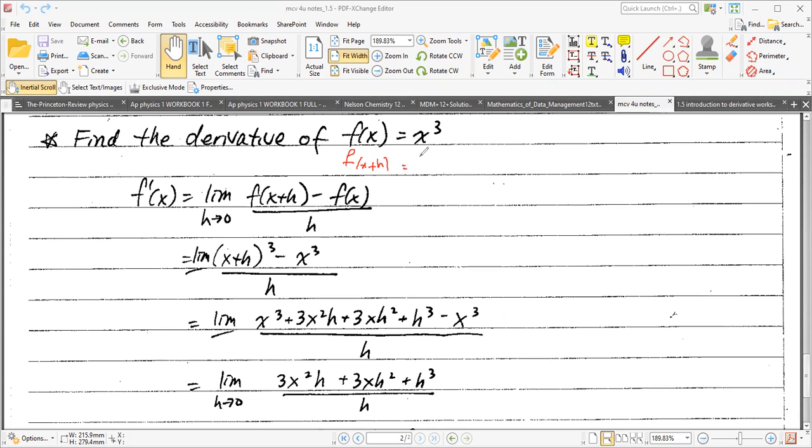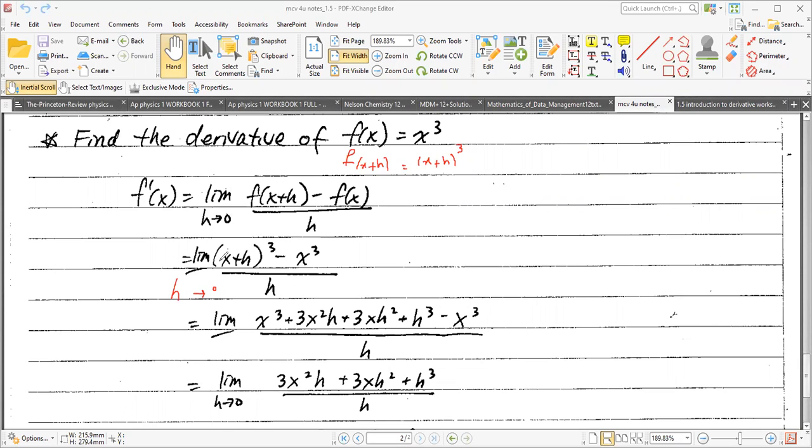It means instead of the x, you put x plus h power 3. Now here, instead of x, I put x plus h power 3 minus x power 3, as h goes to 0.